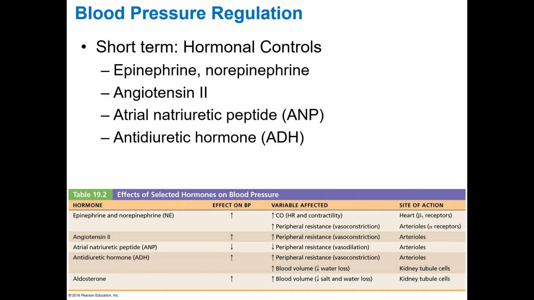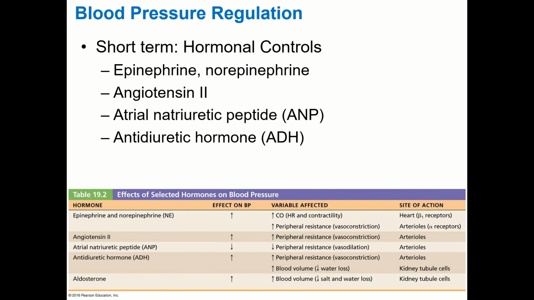So the thing to know about angiotensin is it causes the release of antidiuretic hormone, makes us hang on to water, and also causes the release of aldosterone, makes us hang on to sodium. Both of those things increase plasma volume, and by increasing plasma volume, we increase total blood volume, and that increases blood pressure. So that's how angiotensin 2 does it.